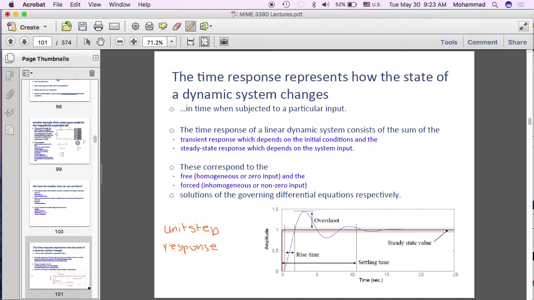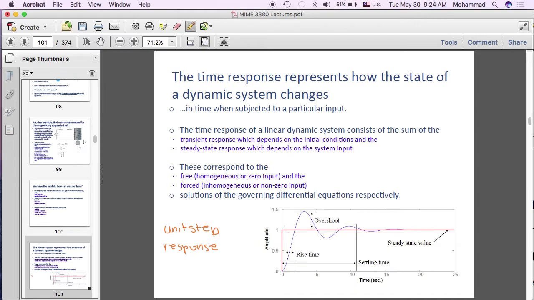There are a few important pieces that you need to recognize from this plot and keep in mind as we go forward. We already talked about steady state response. Steady state response is the response after all changes have happened, when there is no longer any change over time. You can see that the response of this system has settled at 1, so the steady state response is 1.